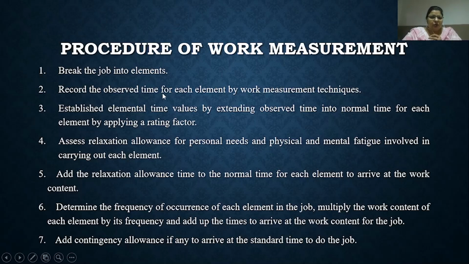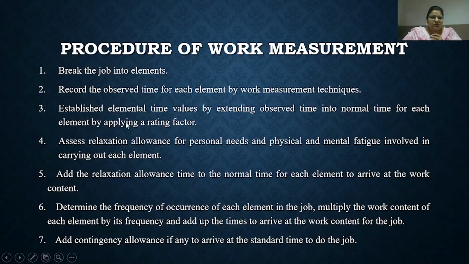Next is to record the observed time for each element by work measurement techniques. Through these techniques, we record the observed time of each element, and check whether the work has been done in a proper manner or not.